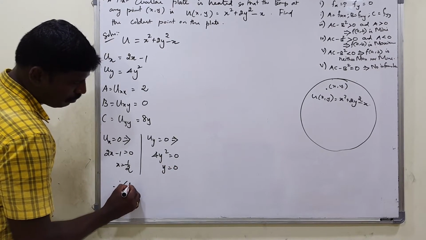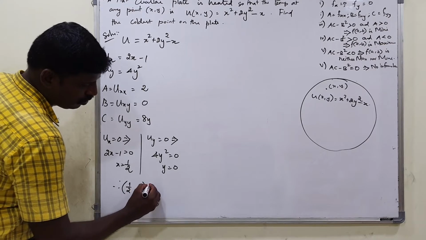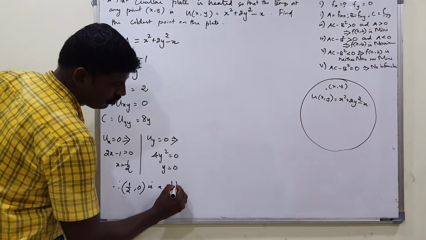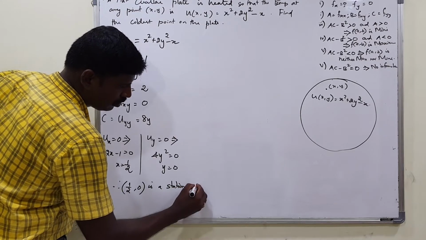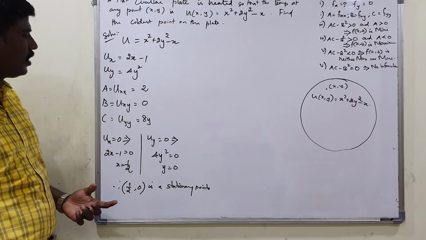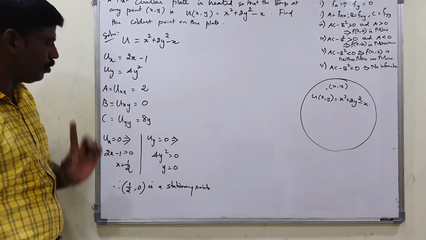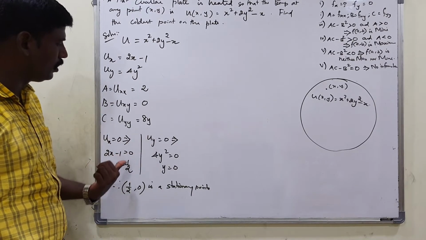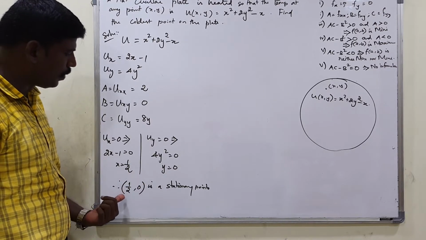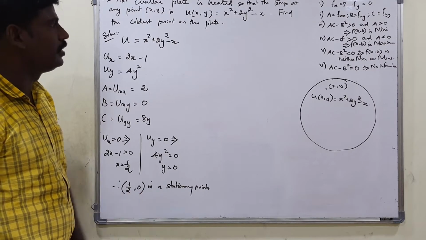Therefore, the point 1 by 2 comma 0 is a stationary point. Stationary points are obtained by equating ux equal to 0 and uy equal to 0. Right? I am equating both of them equal to 0.